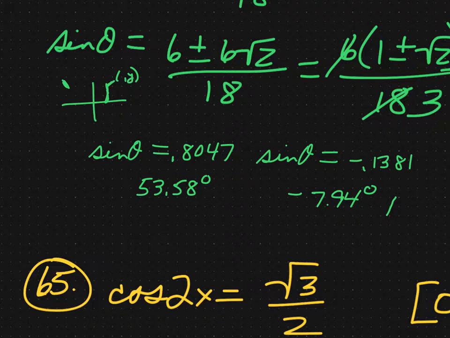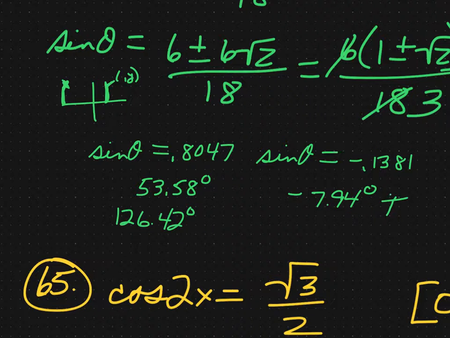This angle is 53.58, so the angle over here with the same y value would be the angle that would make this reference angle over here 53.58. So I could get that by taking 180 minus 53.58, or 126.42.